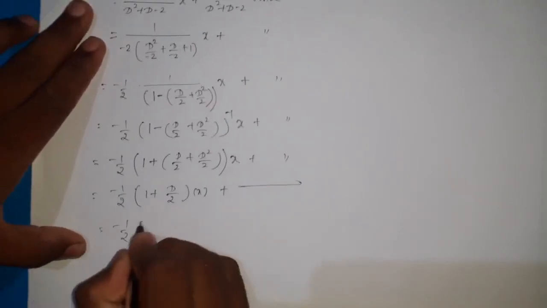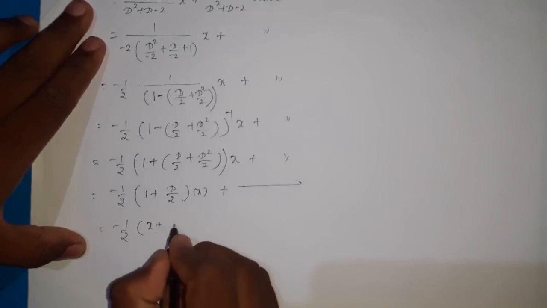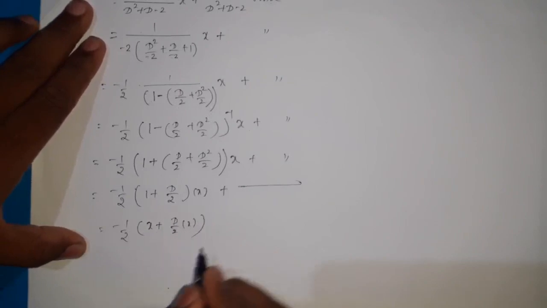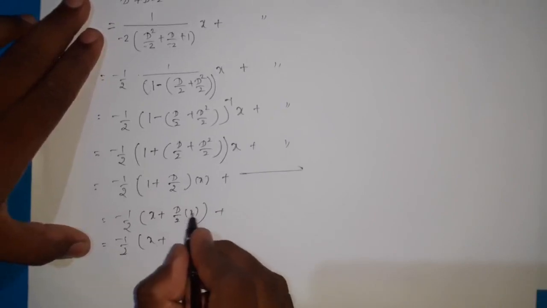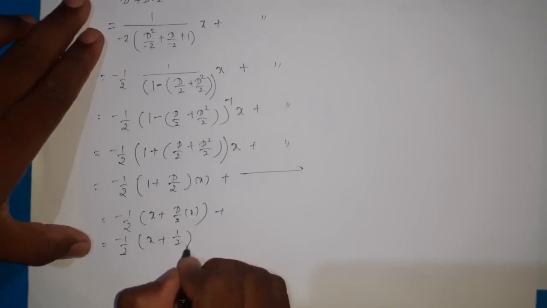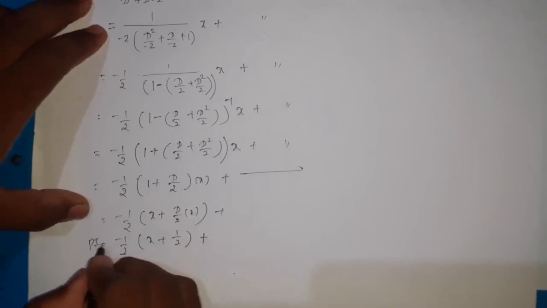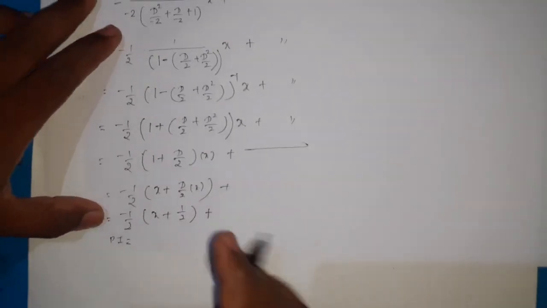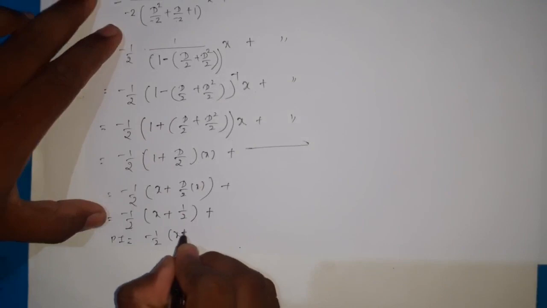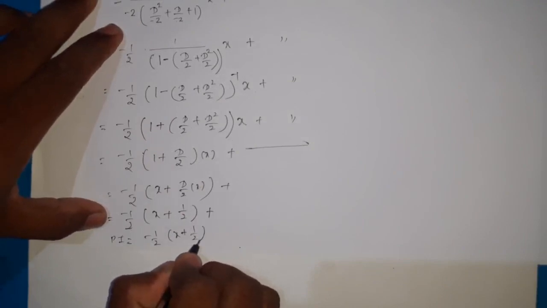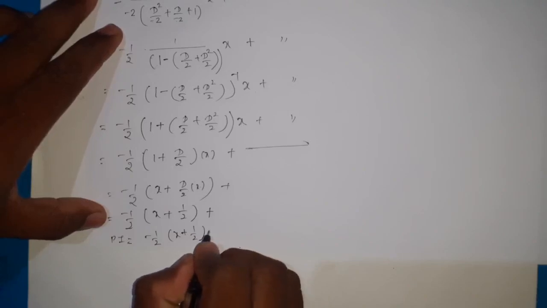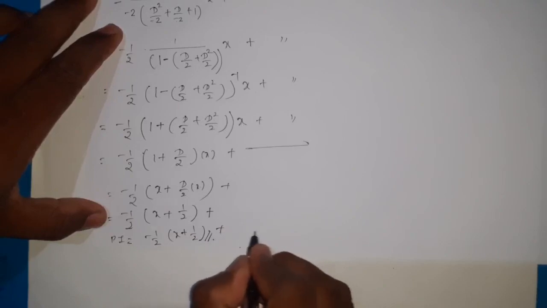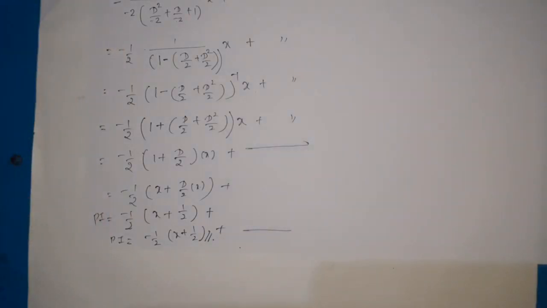Then minus 1 by 2, here multiply x plus d by 2 of x. So minus 1 by 2 x plus differential of x is 1, so therefore it is 1 by 2. So therefore the particular integral is equal to minus 1 by 2 x plus 1 by 2 plus the solution for that 1 divided by d square plus d minus 2 into sin x.